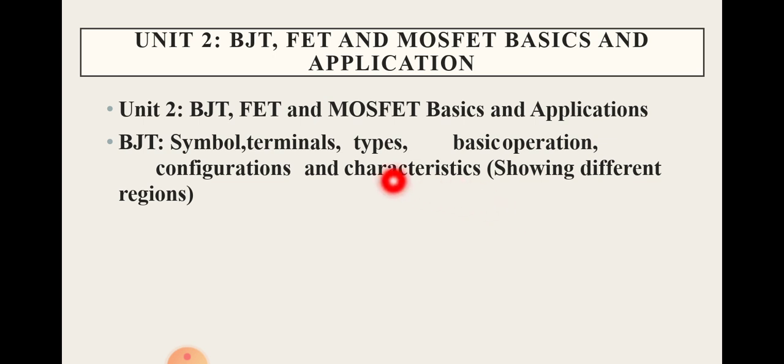So in the first topic of this unit 2, that is BJT, bipolar junction transistor, we are going to study the symbol, terminal, types and basic operation of bipolar junction transistor, their configuration and characteristics in the first point of chapter 2.